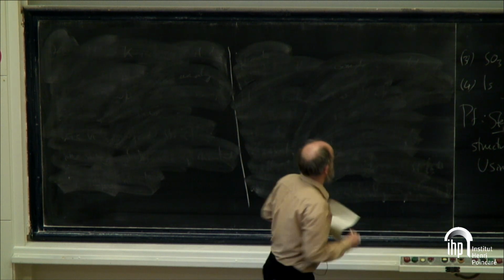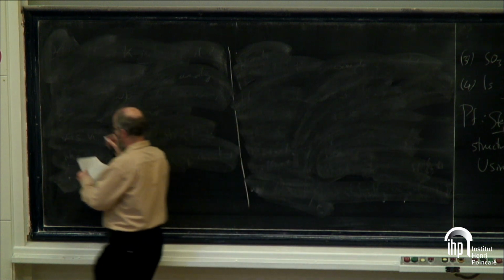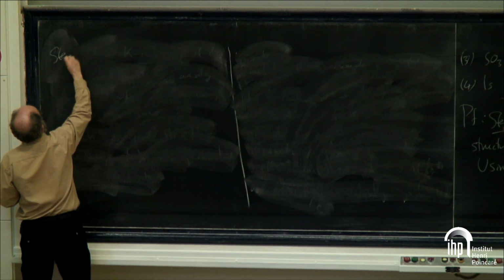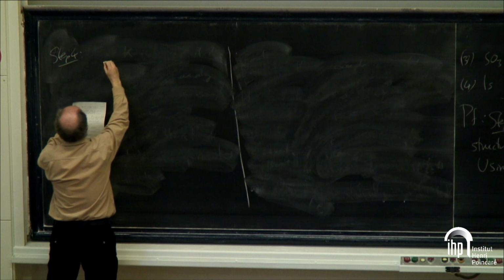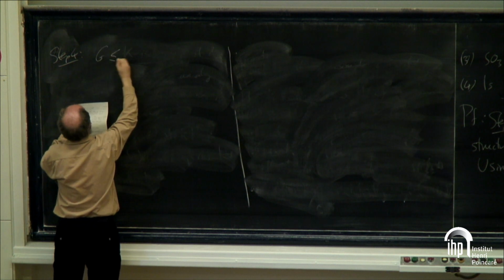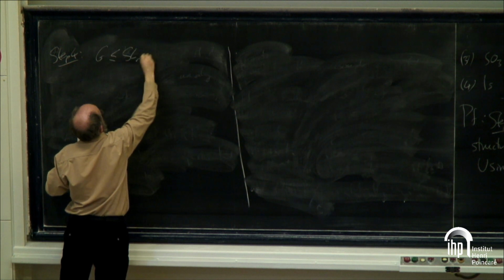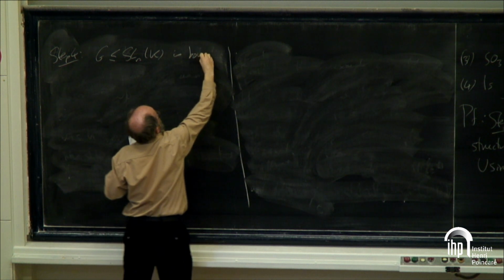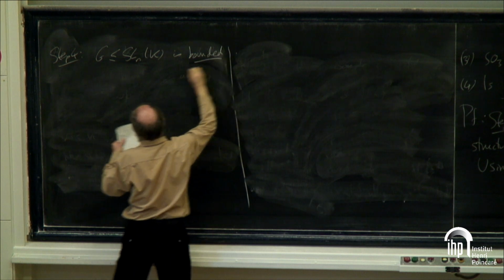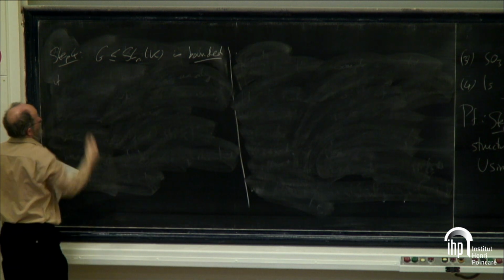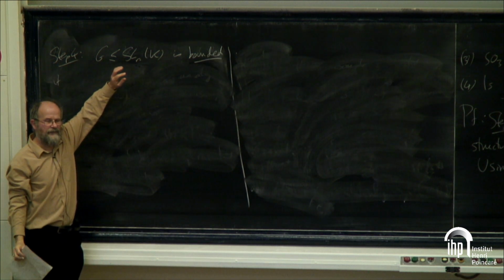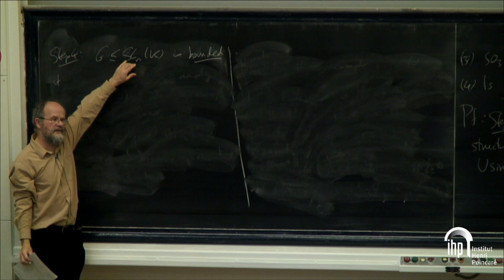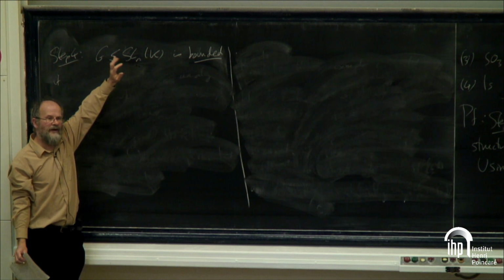Okay, so next step. Definition: G inside, say, SL_N(K), doesn't matter, is bounded if there's a lower bound in the value group on the valuations of all the matrix entries.